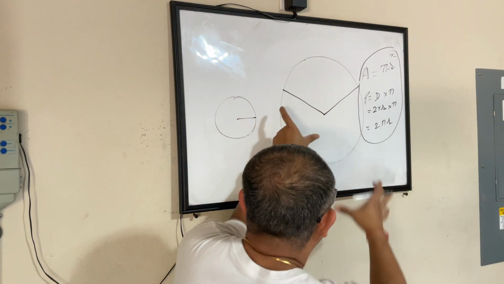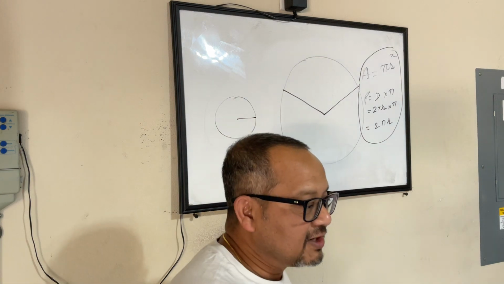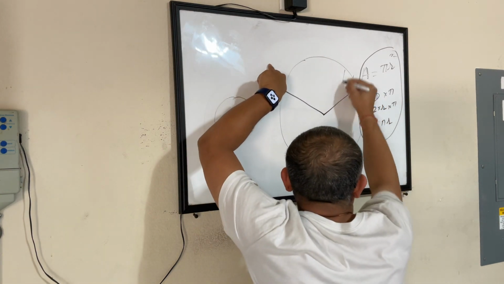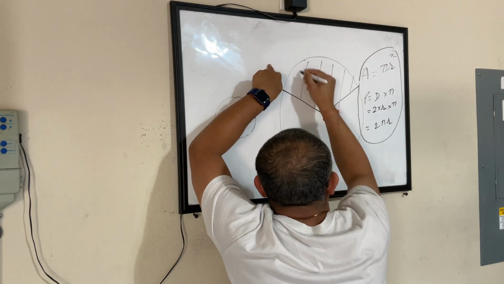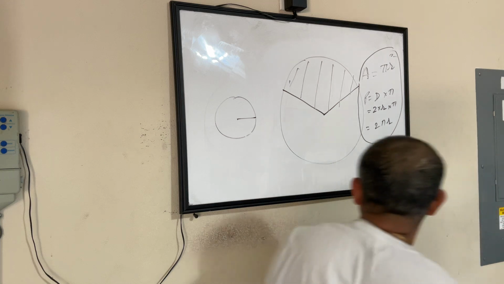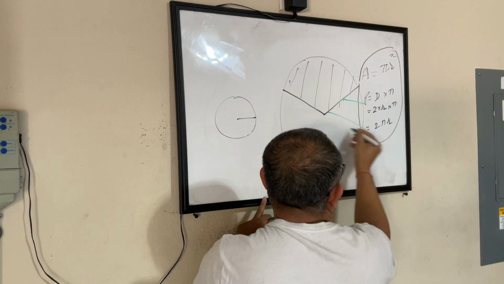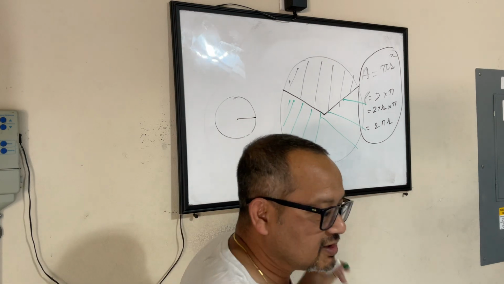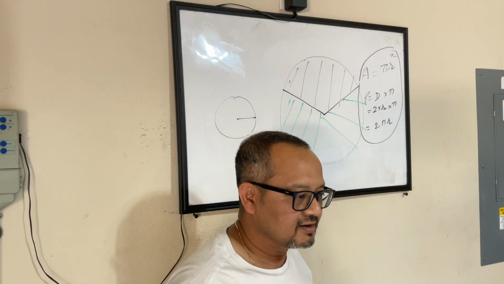Now, it depends on the way you look at things, right? If I look from the top, I am looking at this sector. If I look from here, I am looking at other sectors, right?